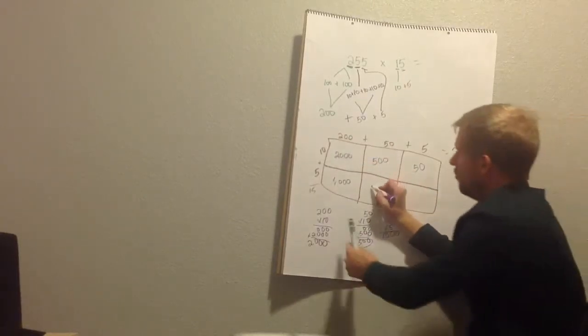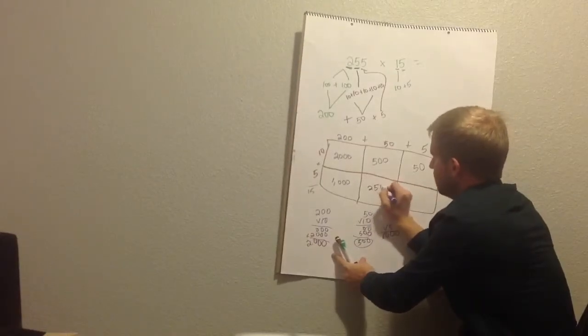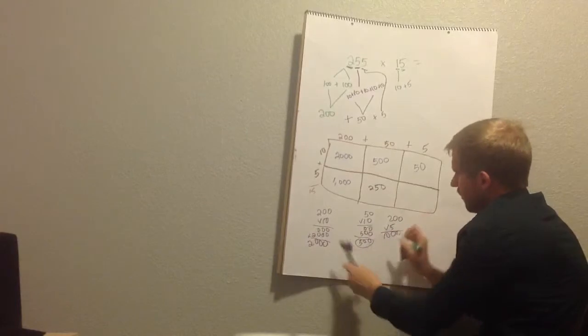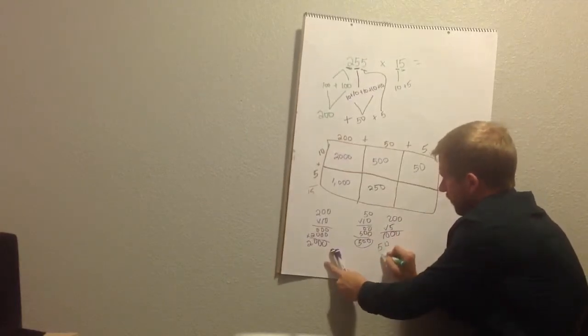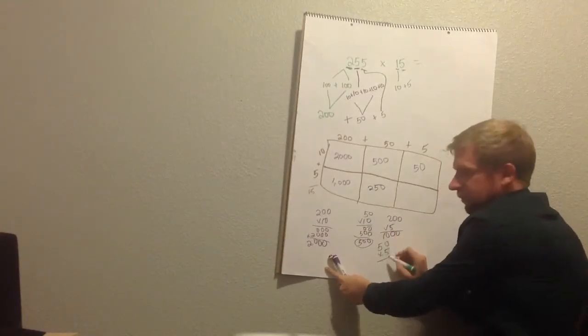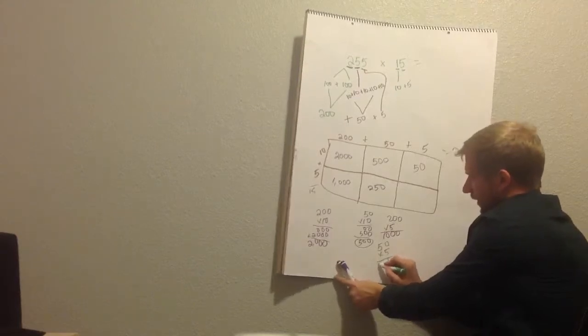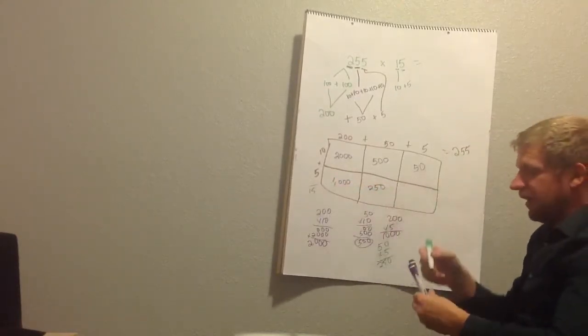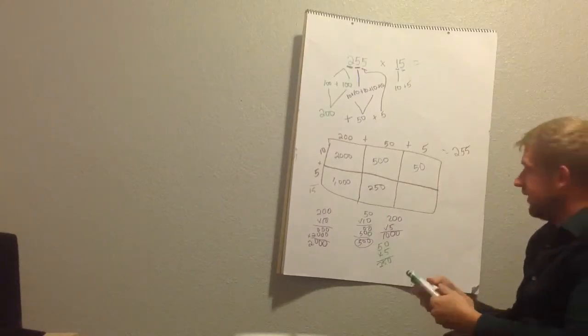So it's going to be 250. We can check this using the algorithm way. 50 times 5. 5 times 0 is 0. 5 times 5 is 25. Gave us 250. And then we know 5 times 5 equals what? 25.